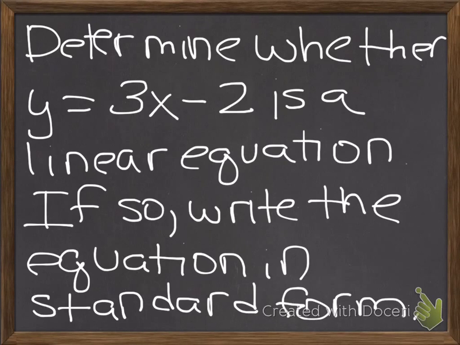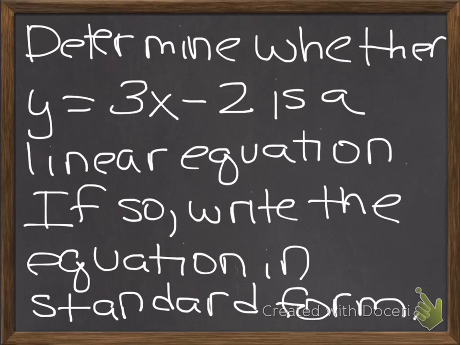Also, it will not be a linear equation if any of the variables are multiplied together, such as if the first part here in this equation was yx equals instead of y equals, then it would not be linear as well. So, since this fits the criteria and does not match any of the nonlinear criteria, then we can say that this is linear. And if it's linear, we need to write it in standard form.